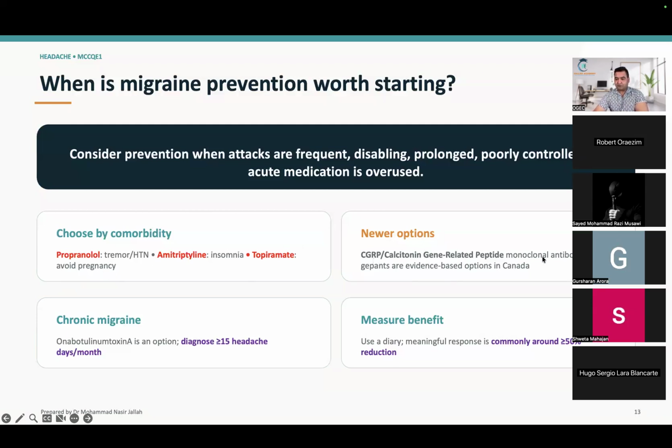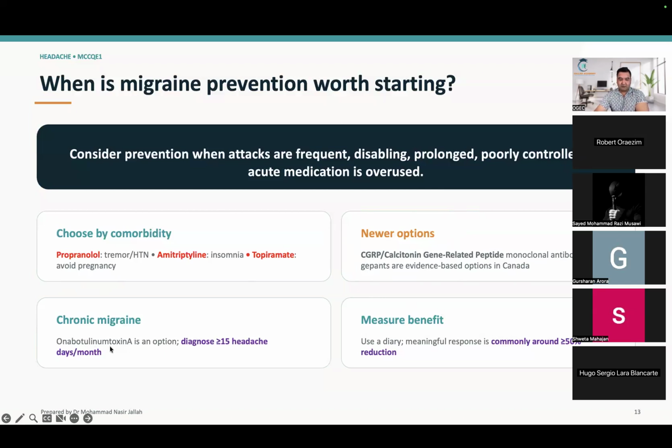Newer options, monoclonal antibodies and gepants, are evidence-based options in Canada. So CGRP, calcitonin gene-related peptide, is a newer option for migraine.